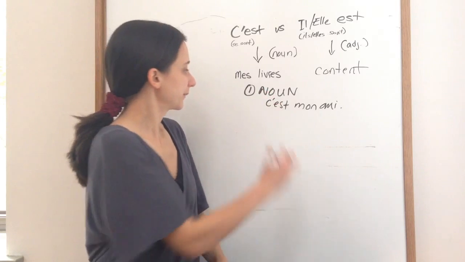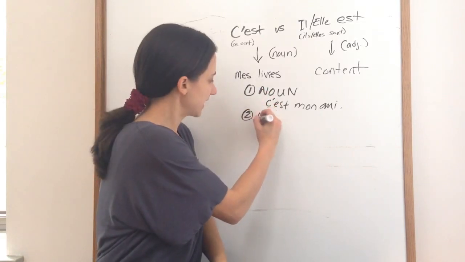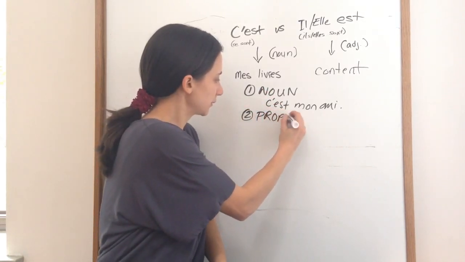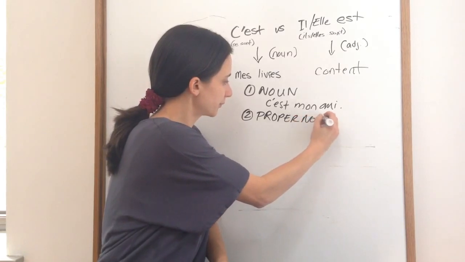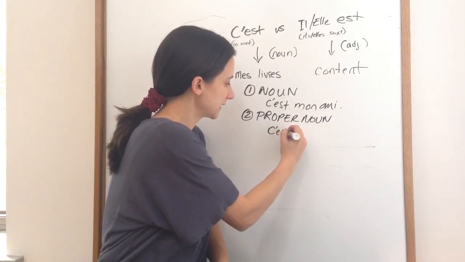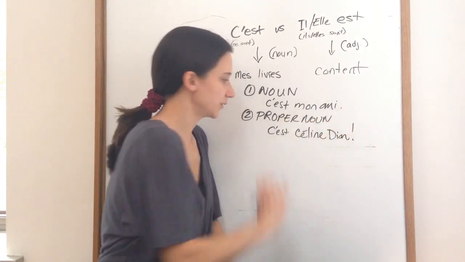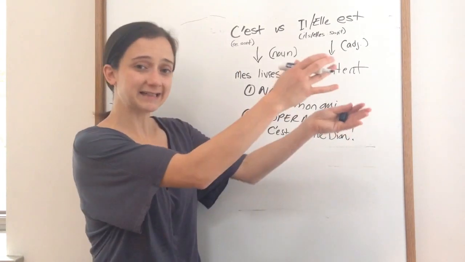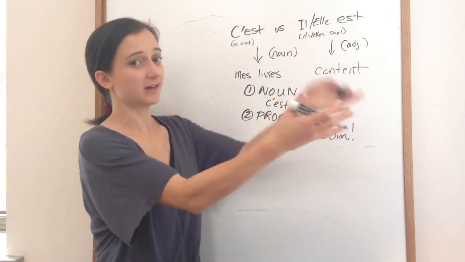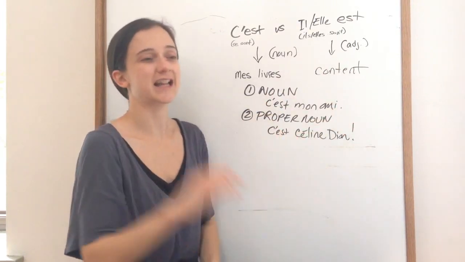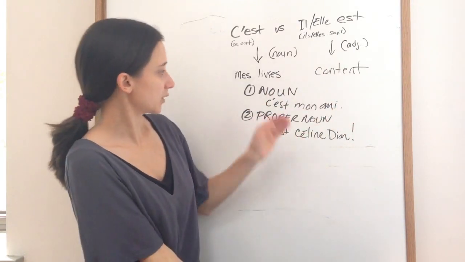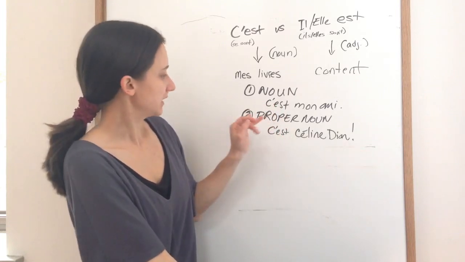Again, it's a noun. If you were pointing out a person, so proper noun. C'est Céline Dion. You saw her on the street. C'est Céline Dion. Like, you saw her there. There she is. Okay? You're not saying she is Céline. You are saying that's Céline. It's a proper noun.